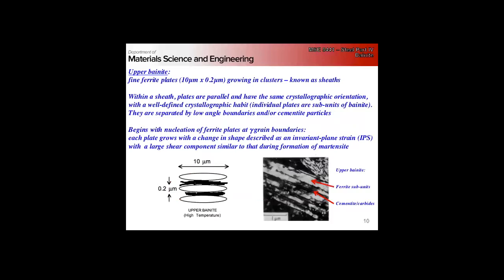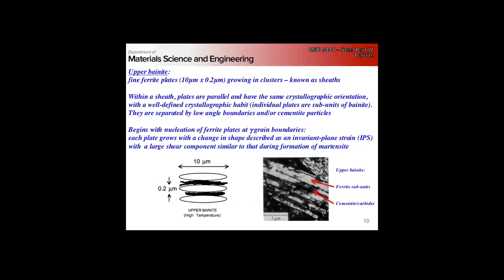So upper bainite, right? So we see these subunits with the carbides in between. So we nucleate these ferrite plates, right? We have an invariant plane strain associated with this, just like with the Widmanstätten.